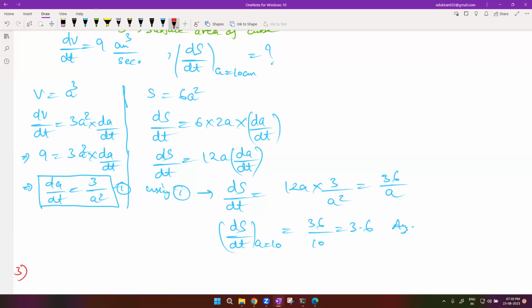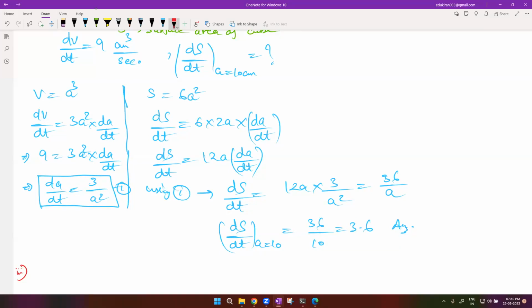Everybody else can refer to question number 5 from exercise 6.1, I guess page number 197. Which question? Question number 5.